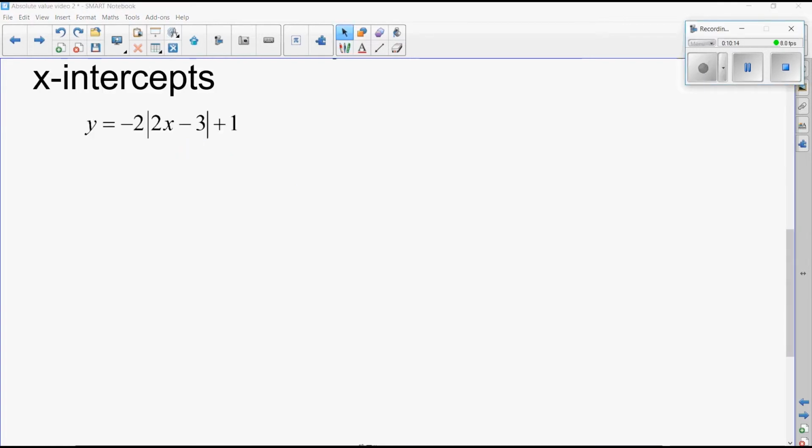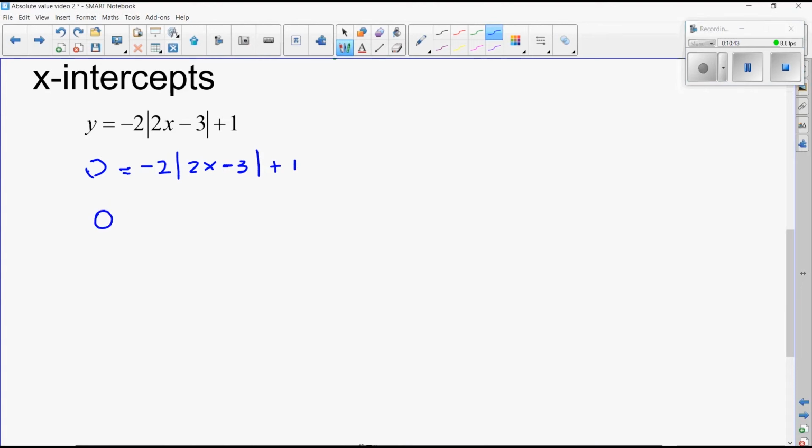We're ready to find the x-intercept. To find the x-intercept, you're going to let y equal 0. So 0 equals minus 2 times the absolute value of 2x minus 3, plus 1. Our first equation is going to be 0 equals minus 2 times the positive of the absolute value, so it's 2x minus 3, plus 1.